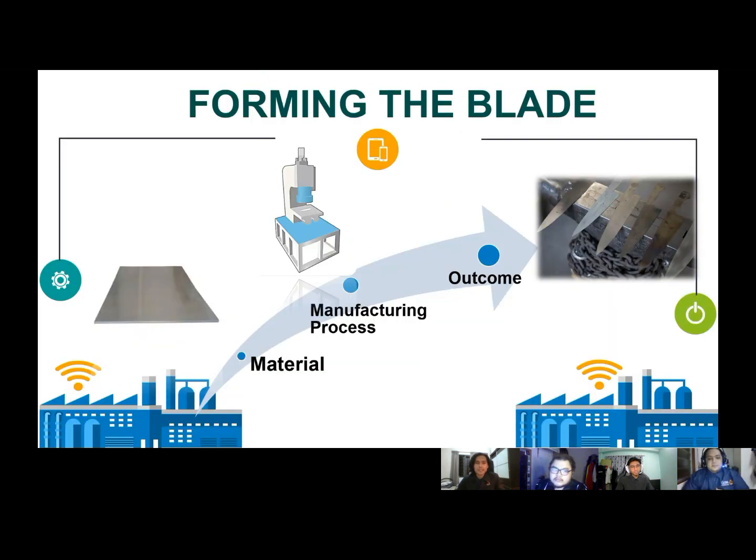The first process that is required in manufacturing the blade is forming the blade. We have three types of process, which contain the material selection, the manufacturing process, and especially the final outcome.